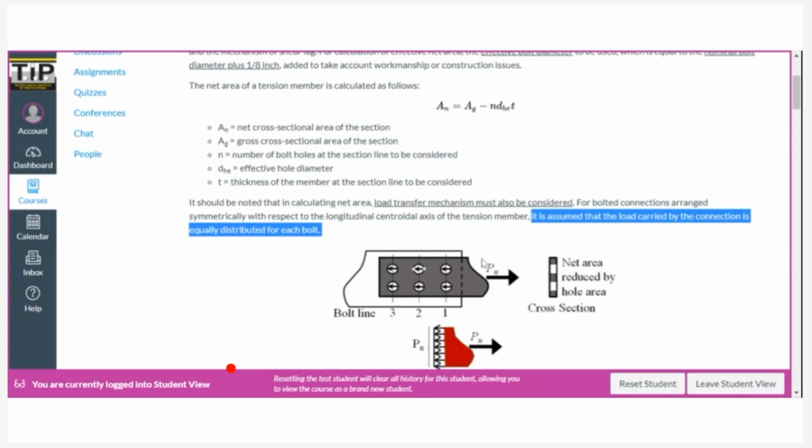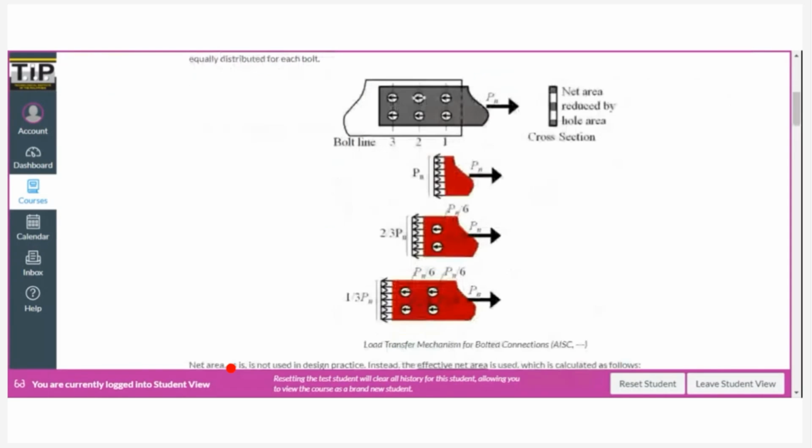Now, how does this load transfer mechanism happen? For example, we have this connection detail right here. This is the tension member, subjected to a force P. There are three possible failure planes: failure 1, failure 2, or failure 3. One of these may happen first.